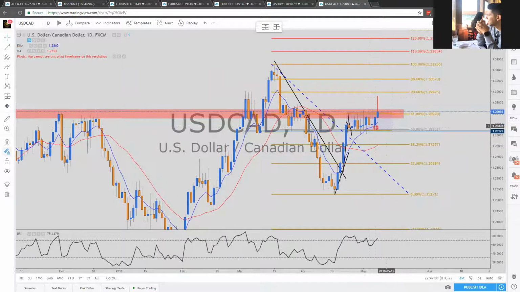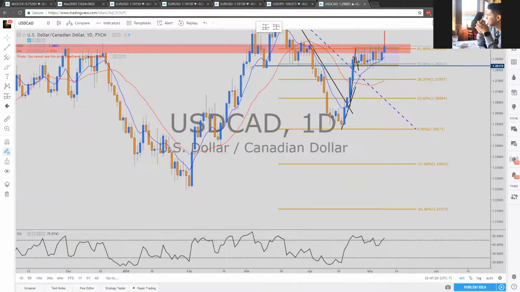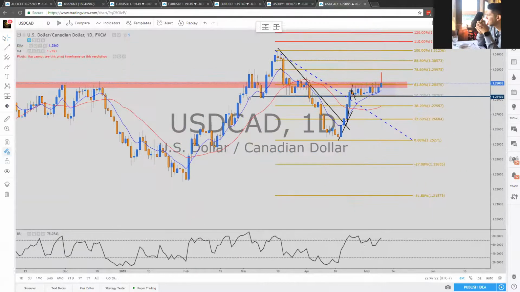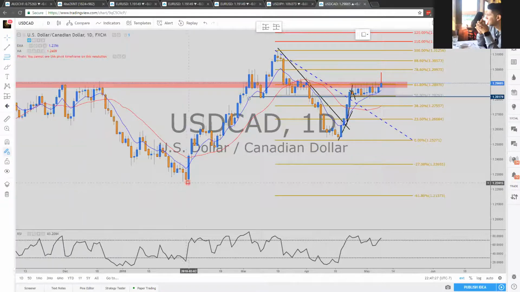So this is also the 61.8 level, which is why I was thinking that it should be dropping down. We can see price came down, came back up. Now, I could do the Fibonacci backwards because it looks like it's breaking above.